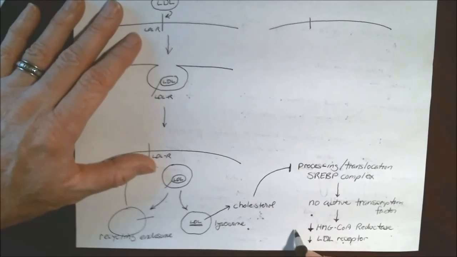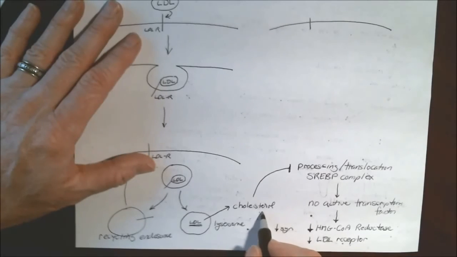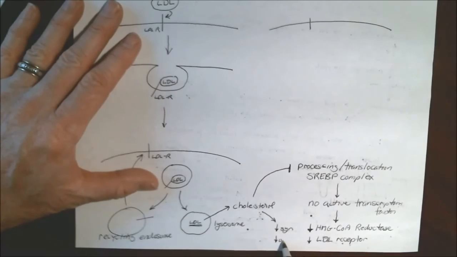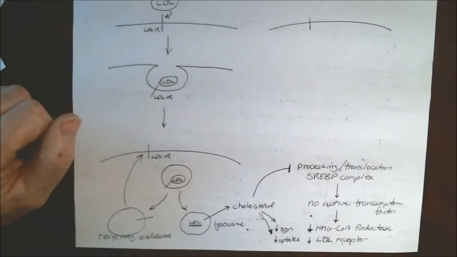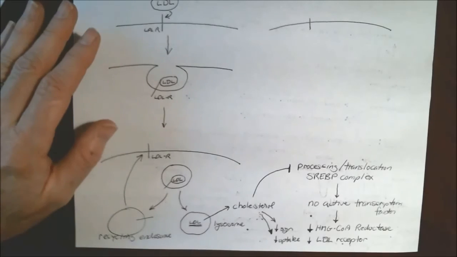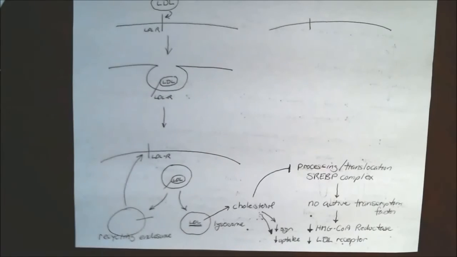One is to reduce the synthesis of endogenous cholesterol to conserve energy because we have sufficient cholesterol. The other one is to reduce the uptake of extracellular cholesterol because the cell, again, is saying we have sufficient amounts of cholesterol. This is the regulation that is mediated by the SREBP pathway.